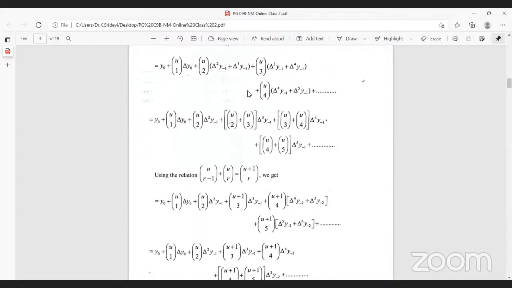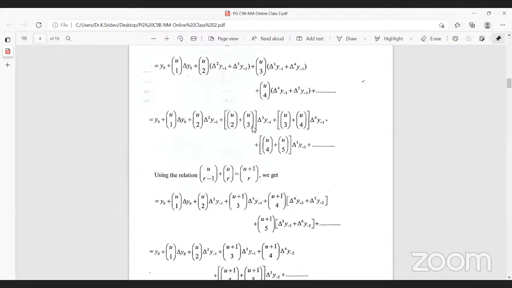Now observe that this one is nothing but UC1, this one is nothing but UC2. What about this one? We have a relation, that is NCR minus 1 plus NCR, which is equal to N plus 1 CR. This is one relation. If you apply this relation, we can convert this into the form U plus 1 C3.